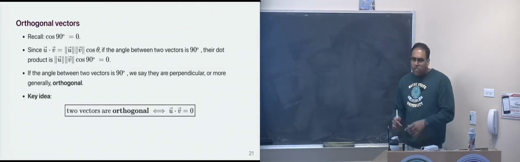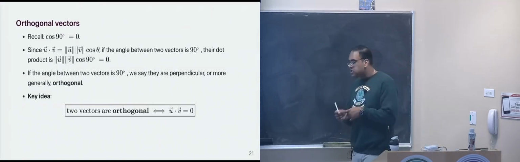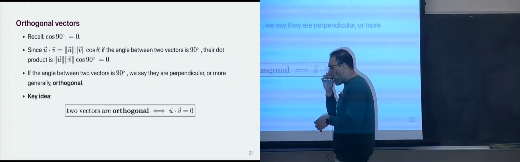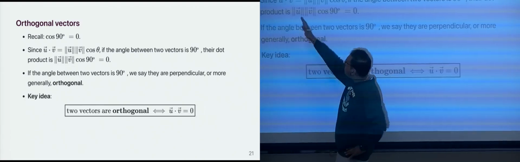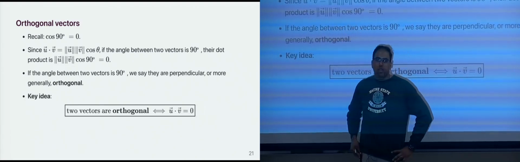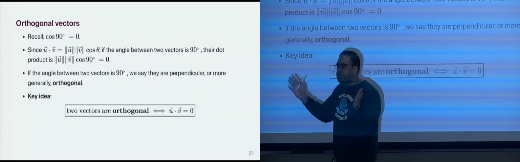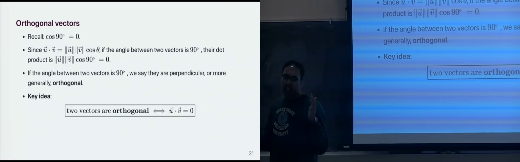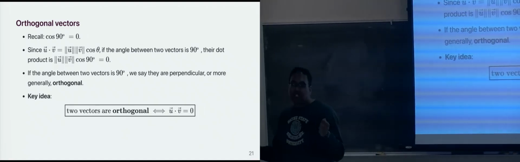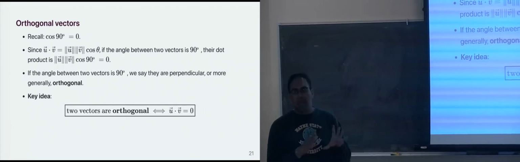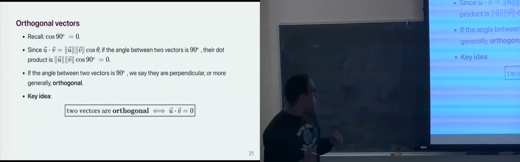So here's some facts. The cosine of 90 degrees is 0. But also, the dot product can be written as length of first vector times length of second vector times cosine of angle. But if the angle between the two vectors is 90 degrees, then the cosine will be 0, and so the dot product will be 0. So if there's a right angle, the dot product is 0. Do we agree? Okay.